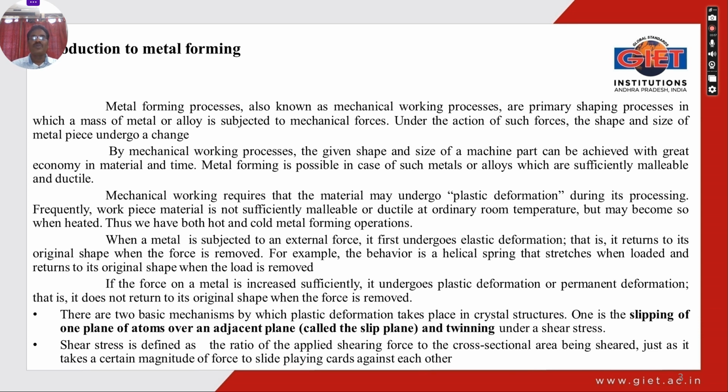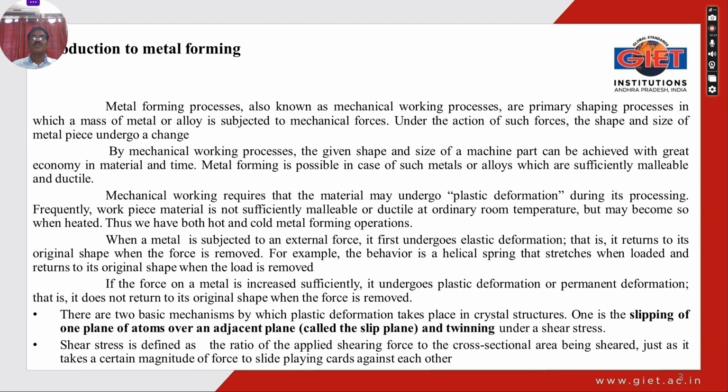You can use a lathe machine, drilling machine, milling machine, or NC or CNC machines. Whatever material is removed as waste is called scrap, which is somewhat disadvantageous. There is no such scrap in the metal forming process.